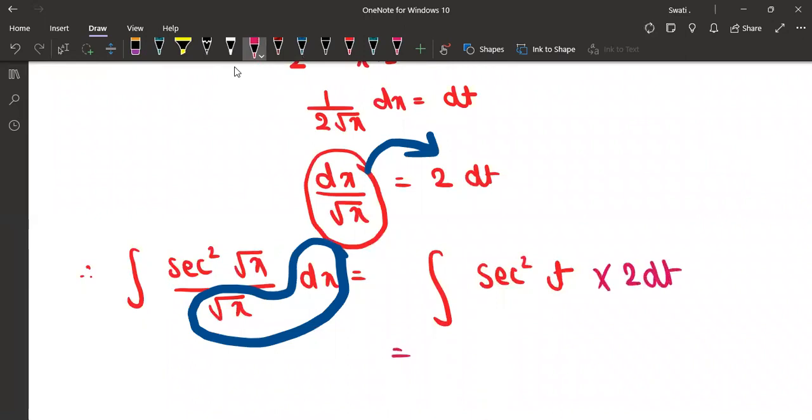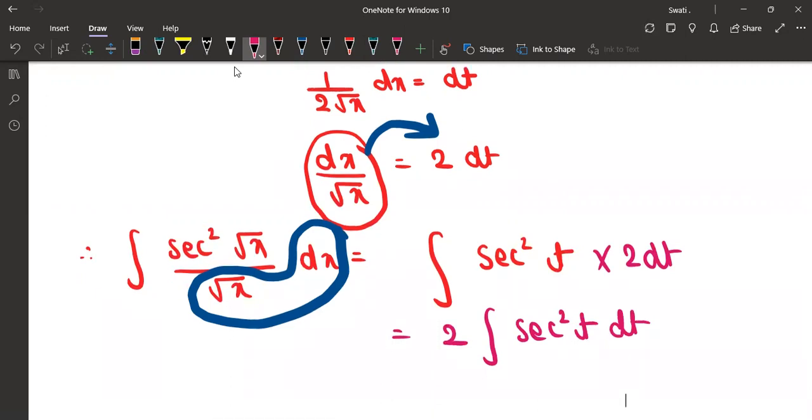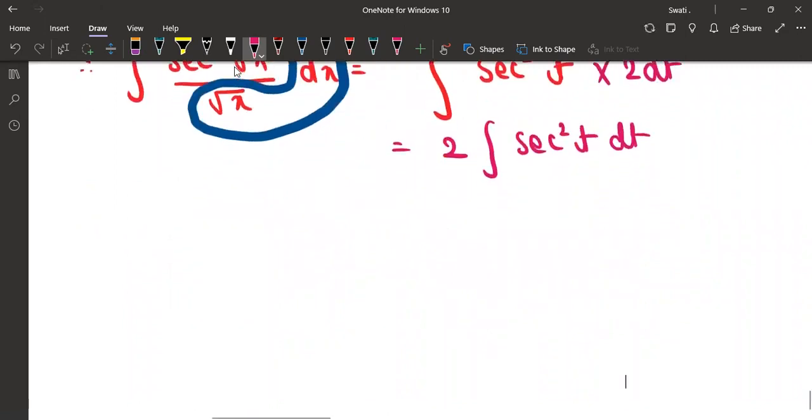Now this is a constant, so of course I can write this constant outside. So it becomes 2 times the integration of sec square t dt, right? Now this is a direct formula: the integration of sec square x, we all know, is tan x. So it will become 2 tan, in place of x, of course, we have to write t only.